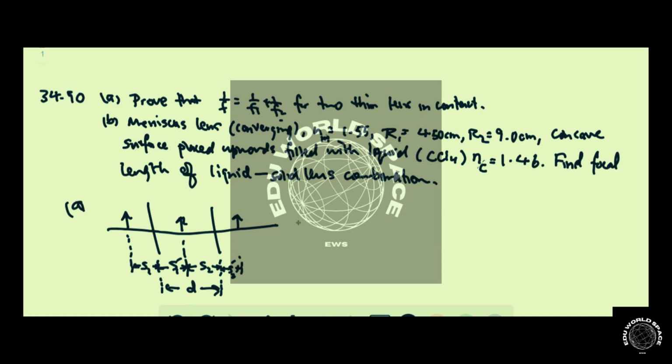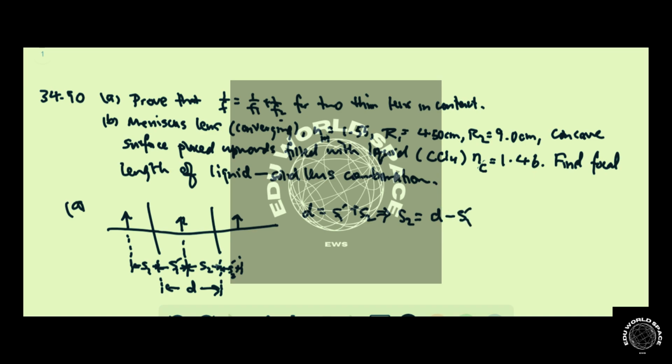Clearly, D is equal to S1 prime plus S2. And we can do a little bit of rearranging and say S2, which is the object for the second lens, is D minus S1 prime, which is the image.